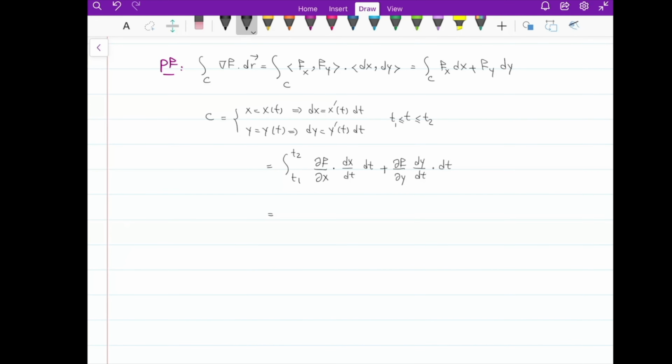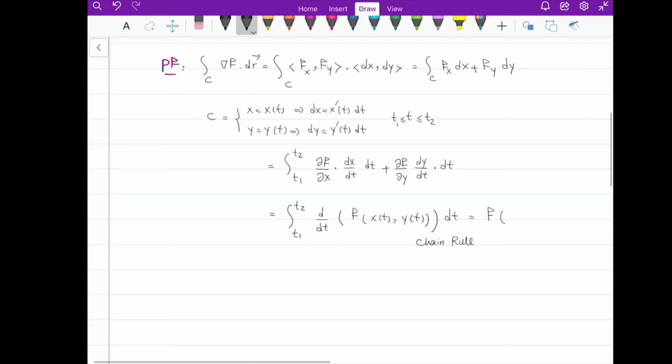Okay. So as you see, this definition that I have in here is basically the chain rule. It's what? From t1 to t2, and then it is d/dt of f of x of t and then y of t, right? So basically I have the chain rule in here. So I have what? I have the antiderivative of this function. Okay, so it would be the function itself, f of x of t and then y of t.